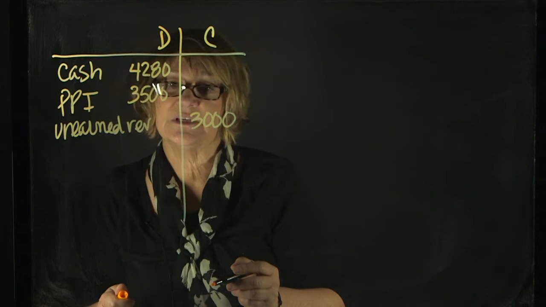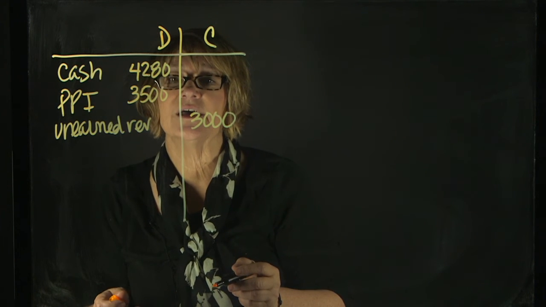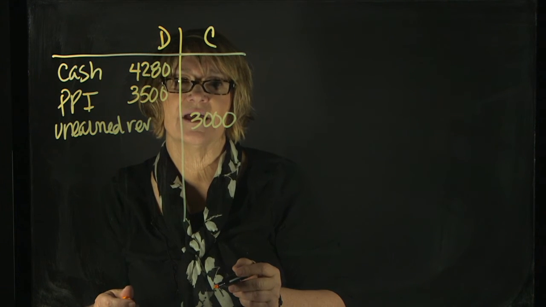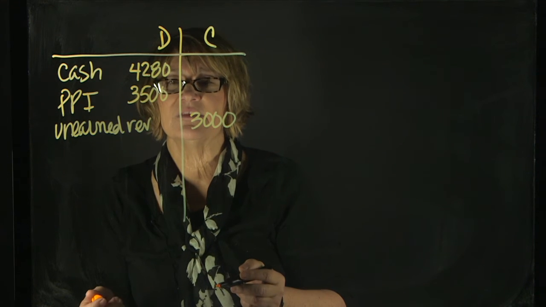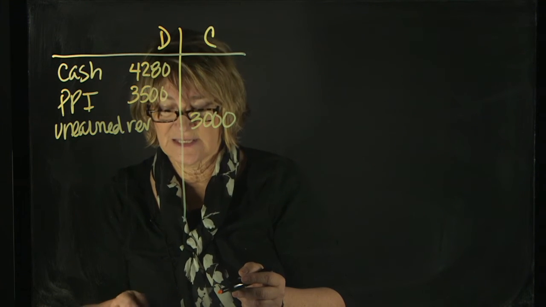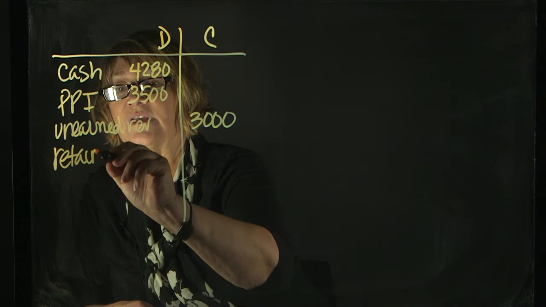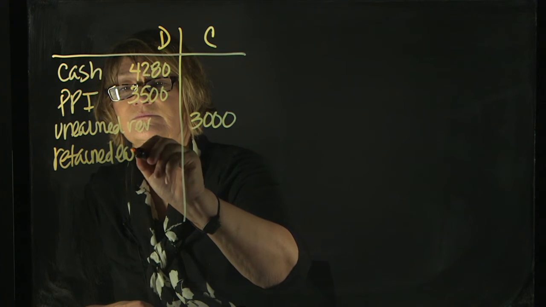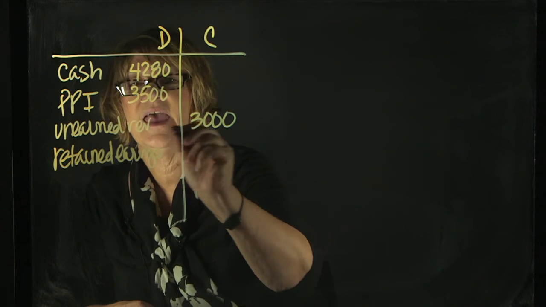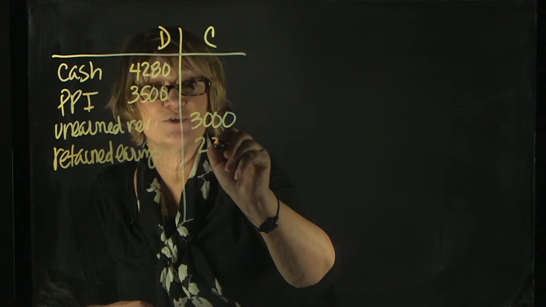It then jumps to retained earnings. Typically, you guys will have a common stock account or a capital account, but in this particular example, that doesn't exist. And so the last account that we have is retained earnings. Okay. And the number that they have there is 2380.